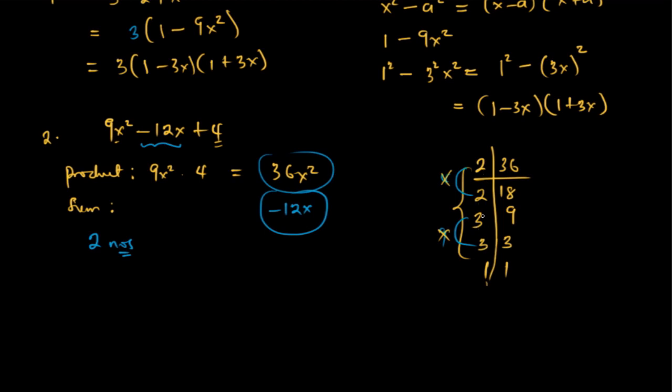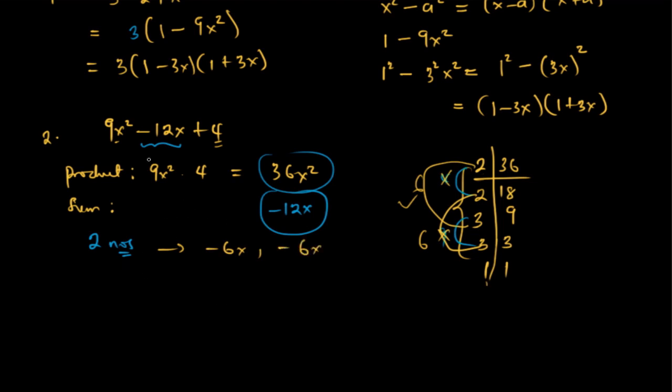Let's say 2 times 3. So let's take 2 and 3: 2 times 3 is 6. So negative 6 and negative 6 gives me negative 12, and negative 6 times negative 6 gives me 36. Yes, that works. So the two numbers I'm looking for are negative 6x and negative 6x.